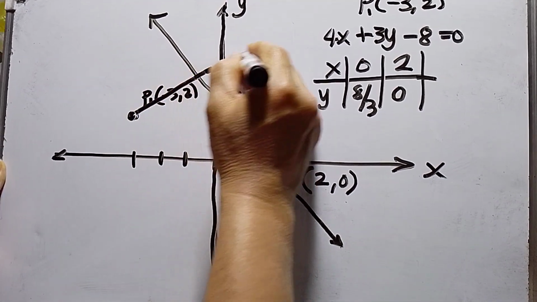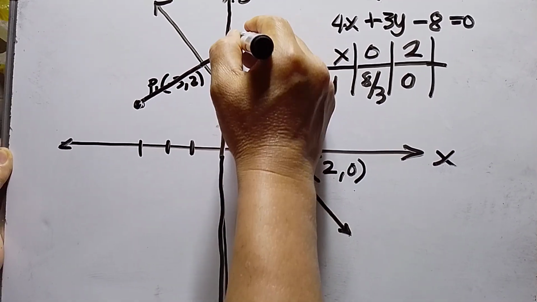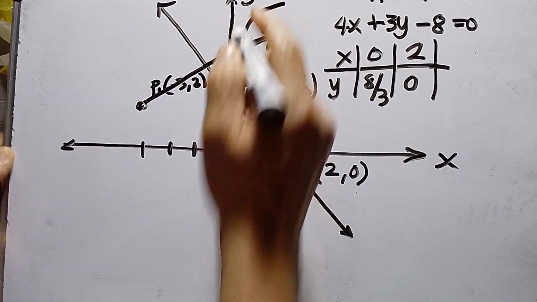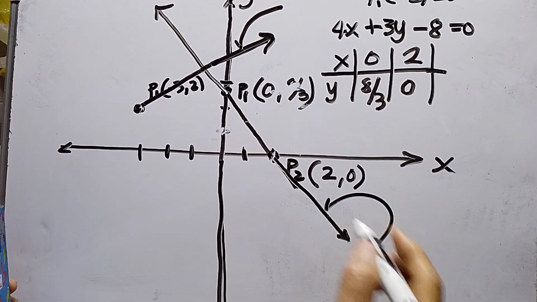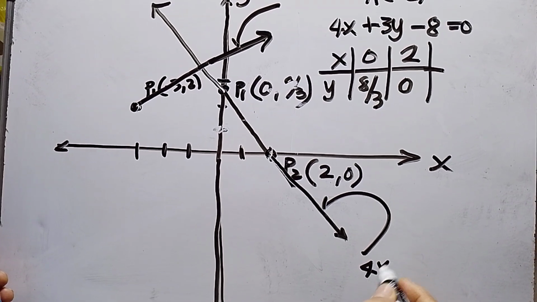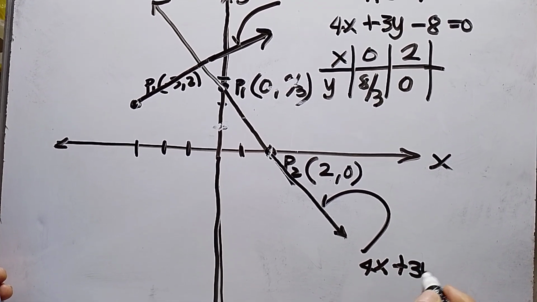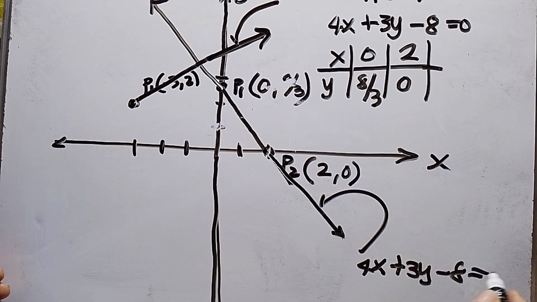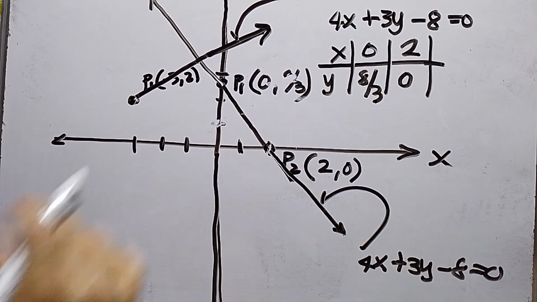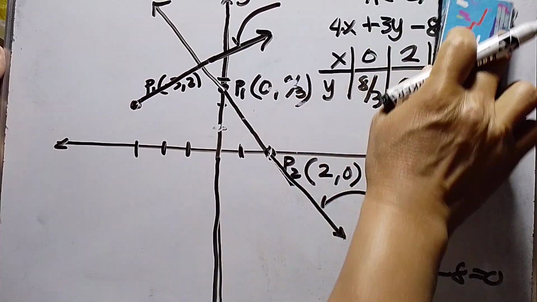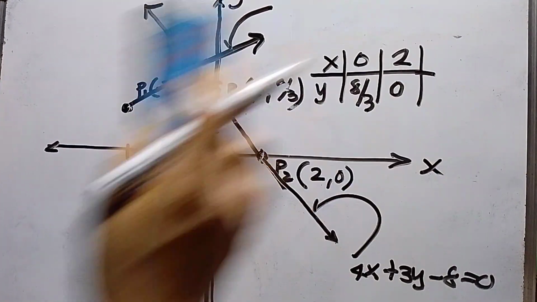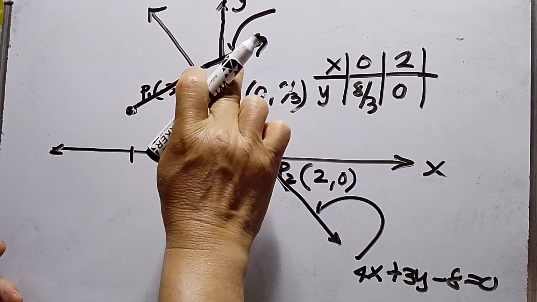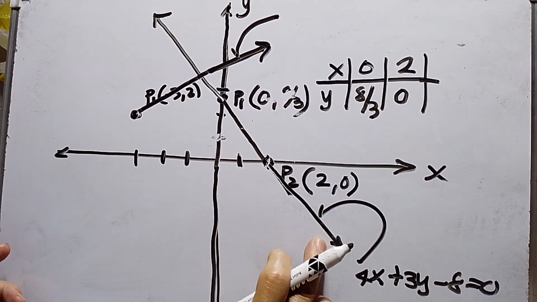So the question is, what is the name of this line? So this line is 4x plus 3y minus 8 is equal to 0. So we need to find the name of this line. Take note, this line is perpendicular to the line 4x plus 3y.